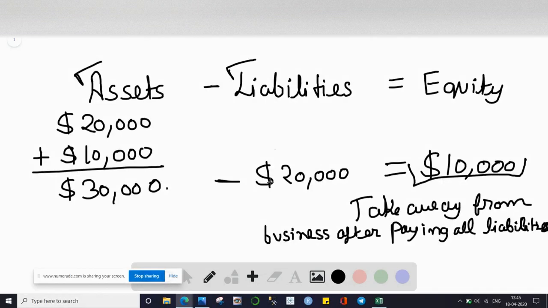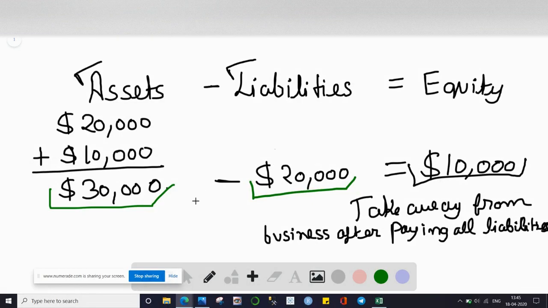Let's say you have 30,000 in your hand after 1 month, after receiving the amount from the customer and summing up the cash balance. After that you have paid the $20,000 for the liabilities you have incurred.